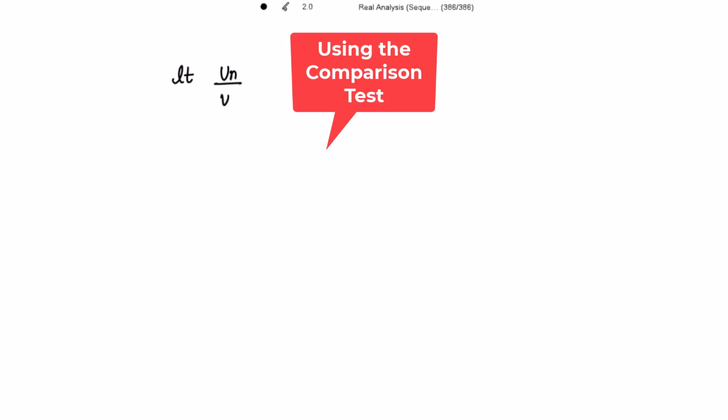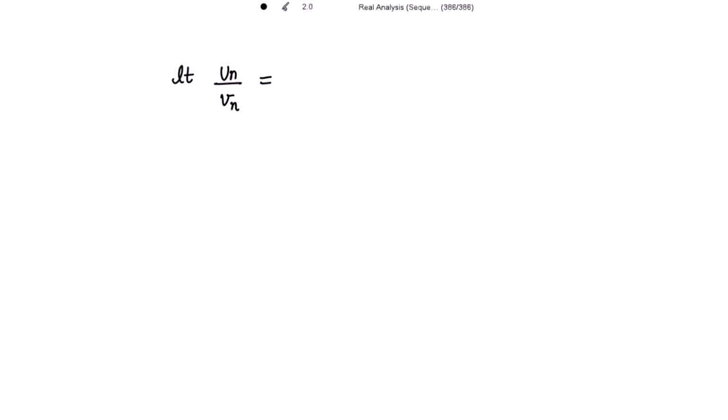And now checking the limit of un divided by vn. Let's check whether this limit comes out finite or not. The limit of un, which is n to the power n divided by n plus 1 to the power n plus 1, and vn is 1 divided by n. Because the series is infinite, the limit is as n tends to infinity.